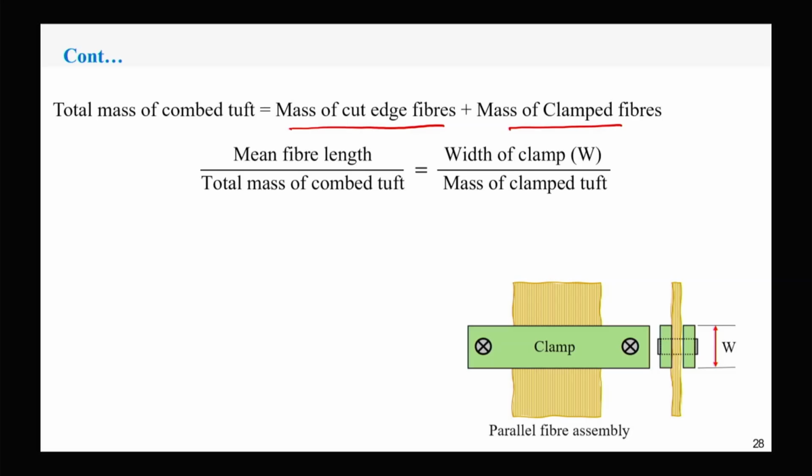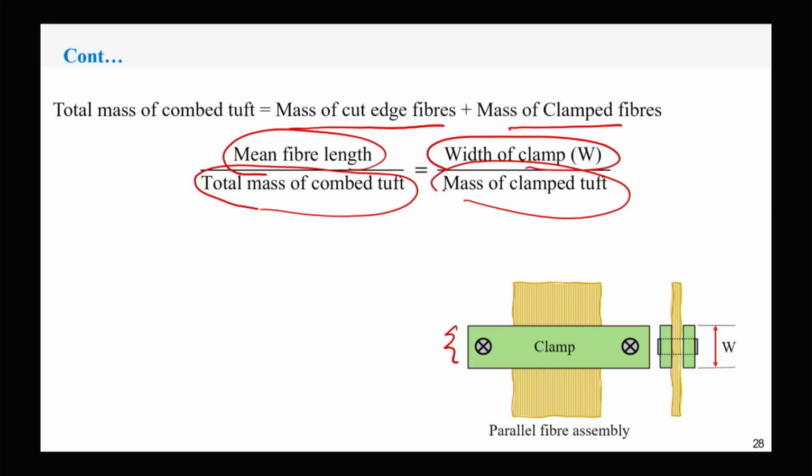Then we just use this simple equation. So mean length is proportional to the width of the clamp, and the total mass of the tuft divided by the mass of the clamped tuft.